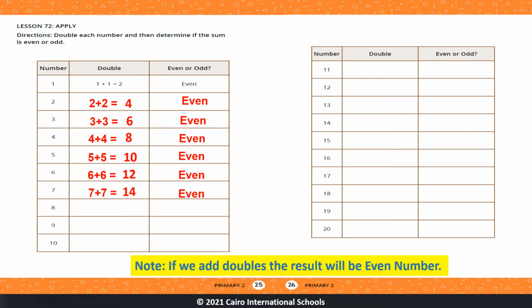So the result equals 14. Look at the ones digit in 14. Yeah, 4 is even. 8 plus 8 equals an even number. The result equals 16. Look at the ones digit. Yeah, 6 is an even number. You can practice more by solving the rest of these examples as we solved earlier.